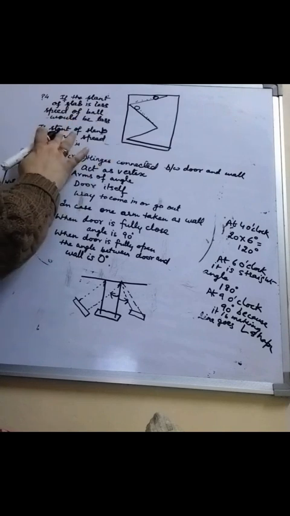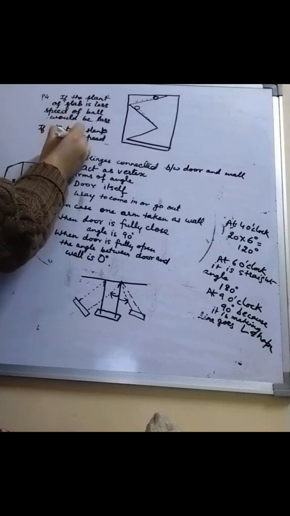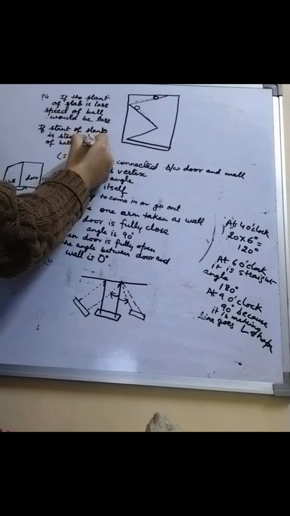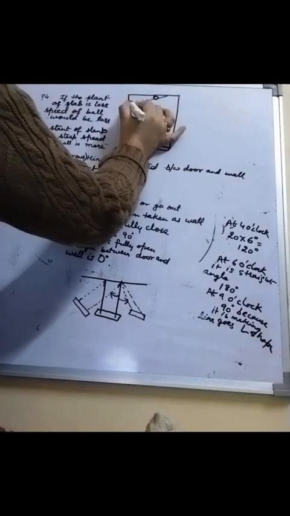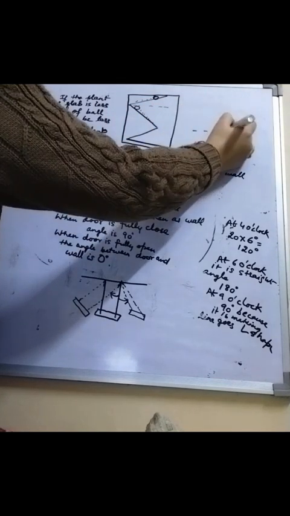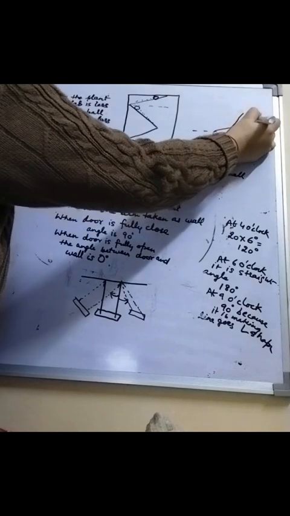If the slant of slab is, you can say, steep, speed of ball is more. So this is how the question is. What is meant by steep? If I draw a line over here, a line like this is more steeper than a line like this.